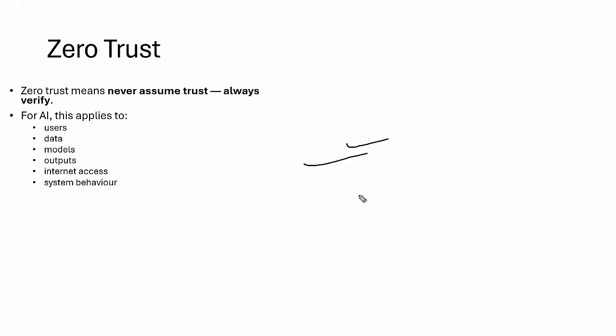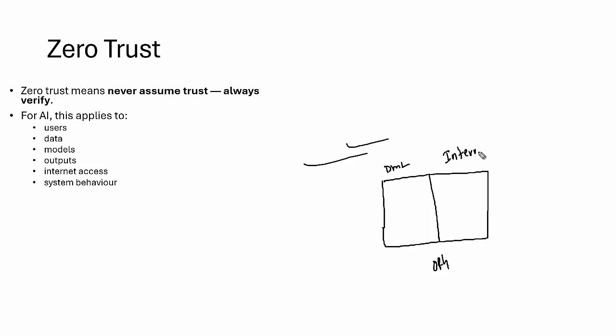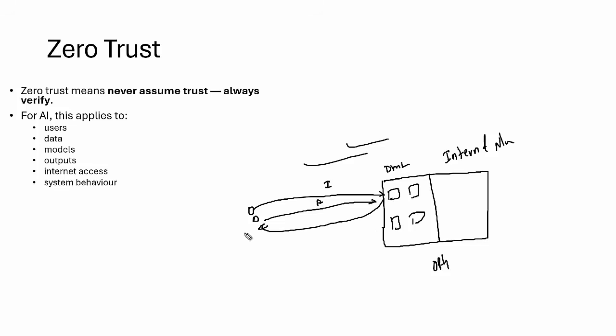For example, before 2020, this is my organization, this is my DMZ, this is my internal network. We have public-facing systems in the DMZ. The user does the identification, the authentication, and based on that it gives access to the resource.